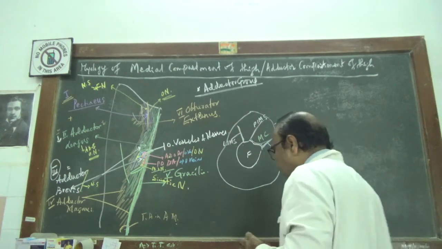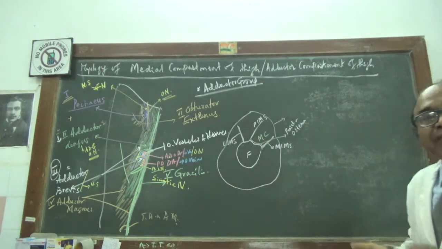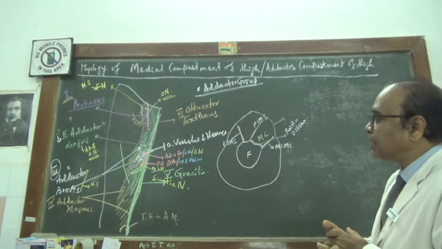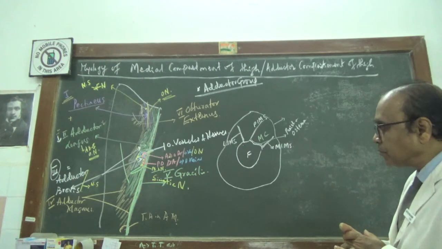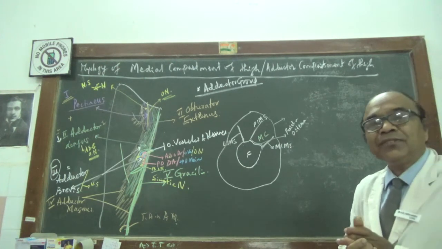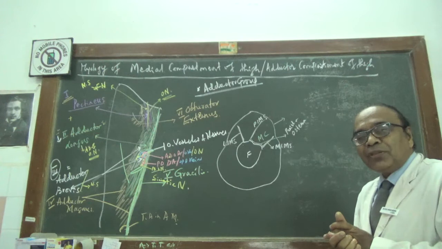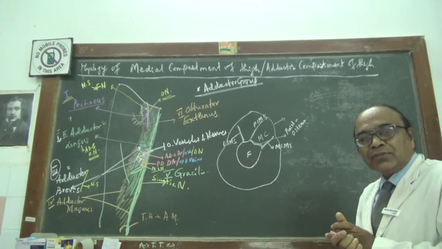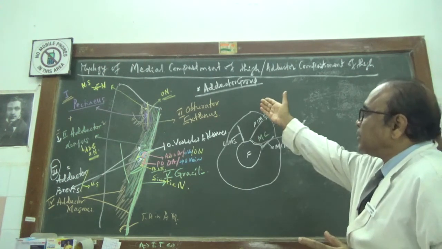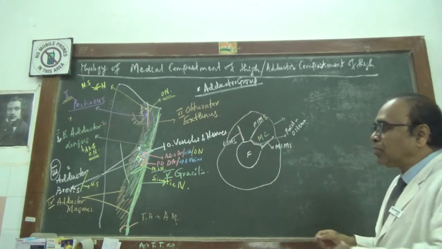Now coming to the action of the adductor magnus. The action is adduction of the thigh and medial rotation of the thigh, which will also be performed by the other two muscles.